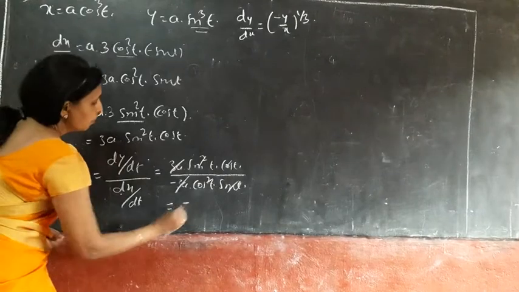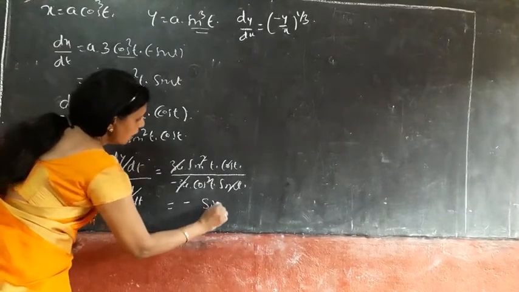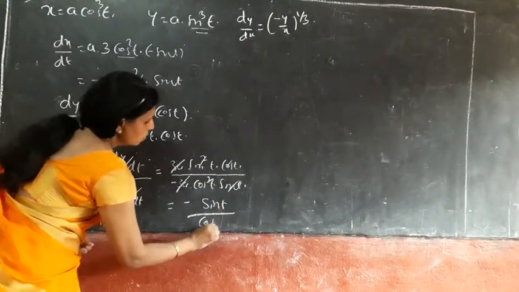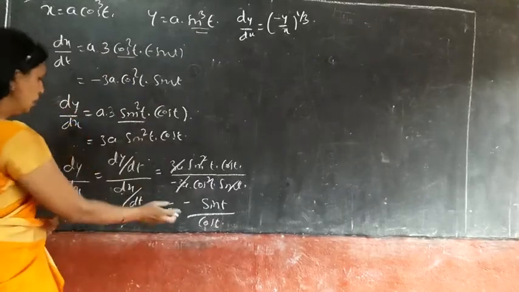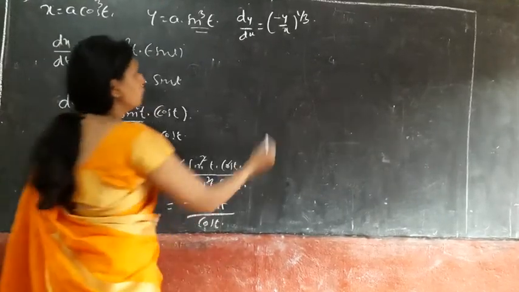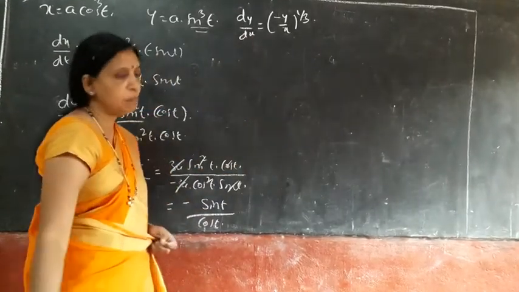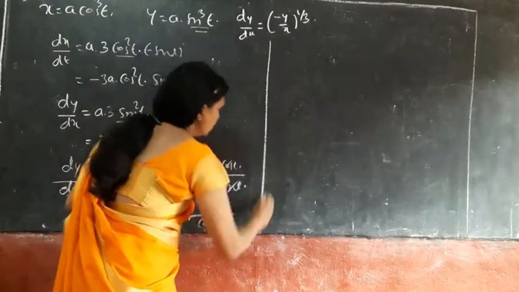We get minus sin t upon cos t. This is dy upon dx. We have to prove that dy upon dx equal to minus (y upon x) raised to 1 upon 3.